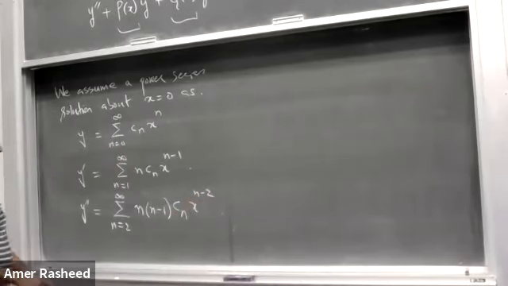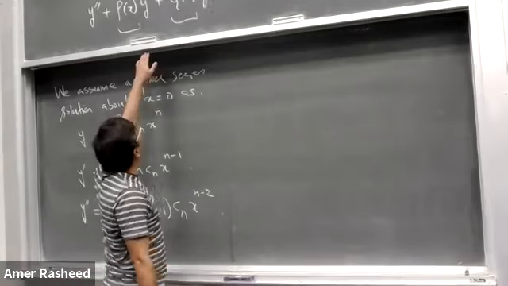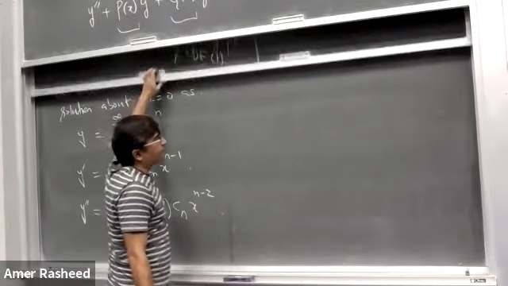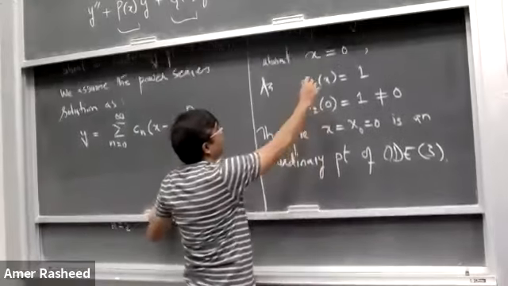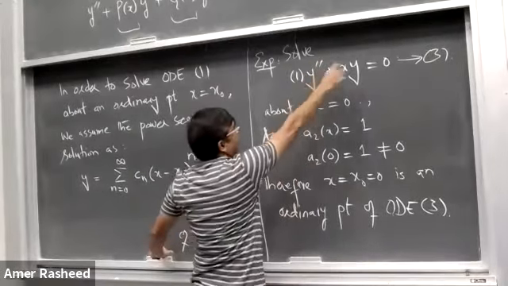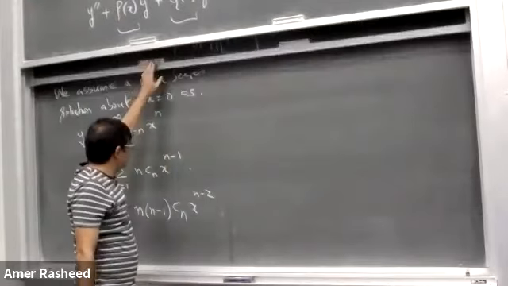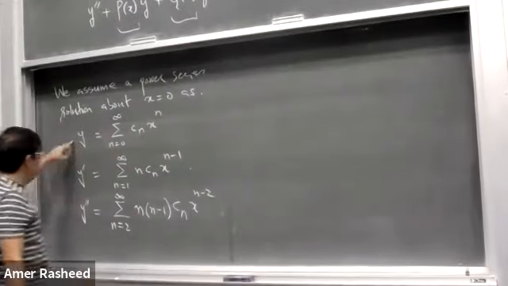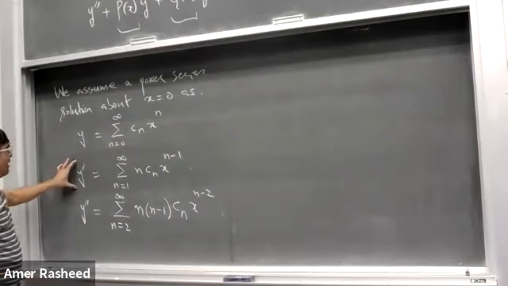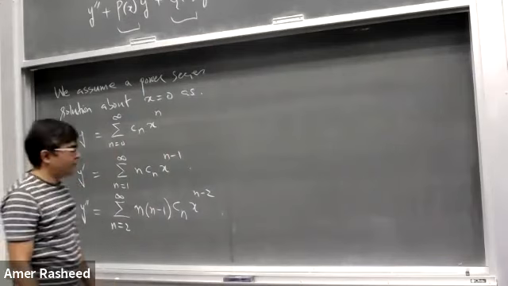These are the two derivatives we need, because the equation has y double dash and y. Luckily we don't have y dash, but normally we have y dash in the differential equation.